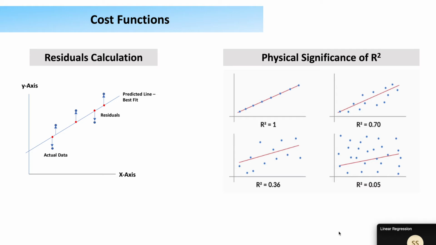Now that gives us a question: if our data is this or this, should we even try to use the linear regression algorithm for finding a correlation between these data points?